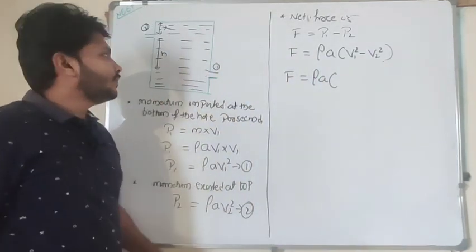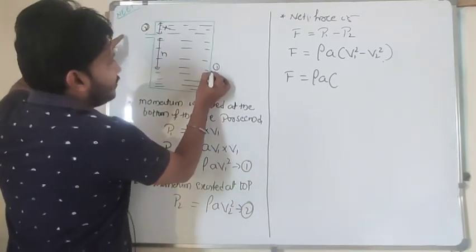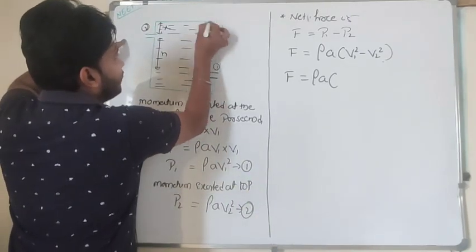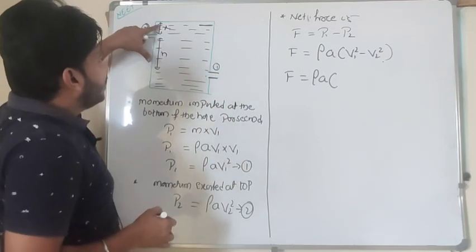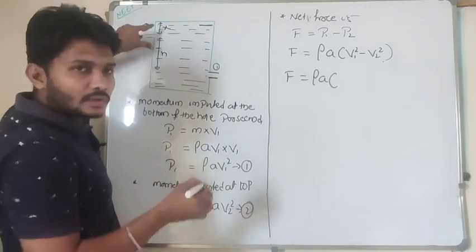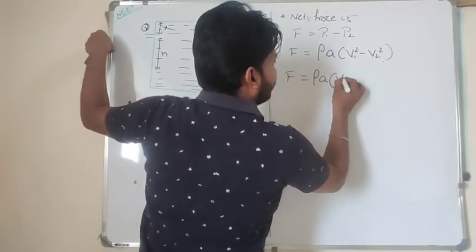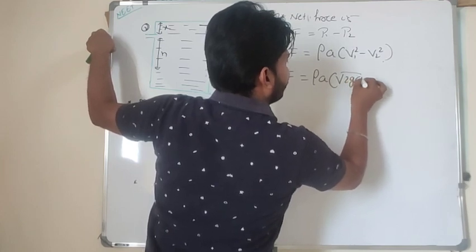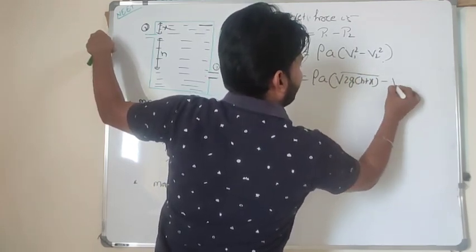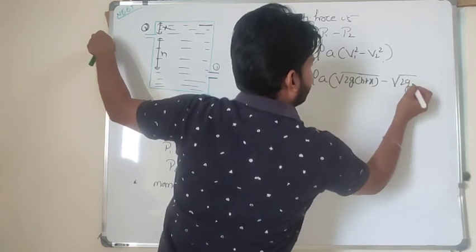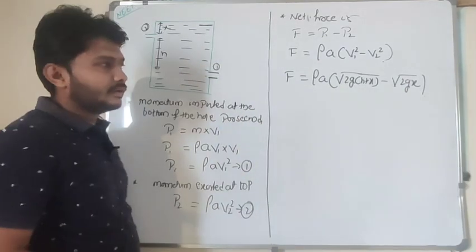Let me fill in the V1 value. V is equal to square root of 2g into h plus x. From the surface of the liquid to the bottom, the total height is x plus h. So V1 is square root of 2g(h plus x) and V2 is square root of 2gx, you can consider here, right?